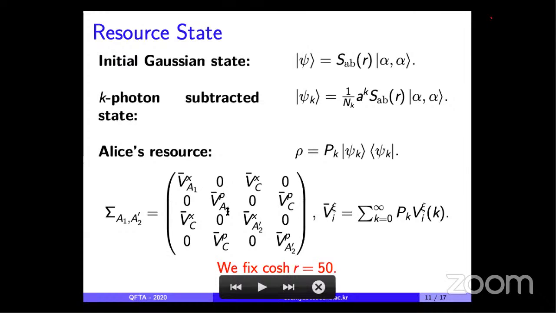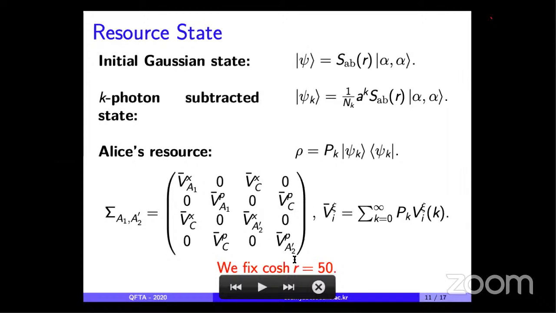This is Alice's two-mode resource. Alice will send this mode to Charlie. On the other hand, Bob will send another two-mode squeezed vacuum part, and then Charlie will make a measurement. Based on that, Bob will make some operation and get the key. Alice's variance matrix is given by this, which is essentially the probabilistic mixture of the variance matrices corresponding to k photon subtraction.